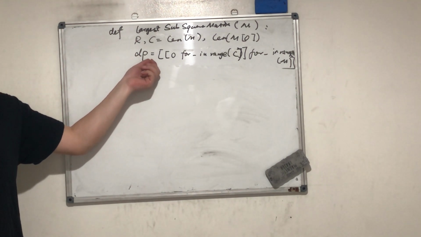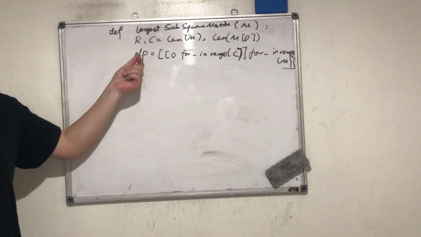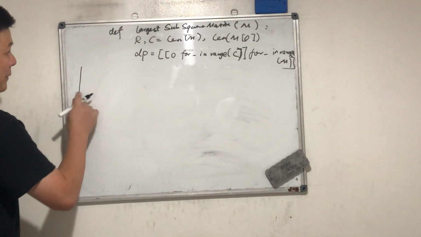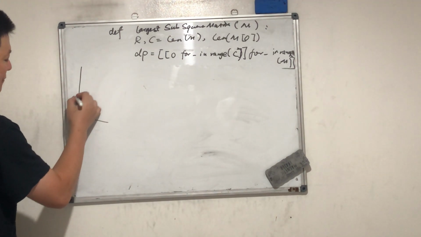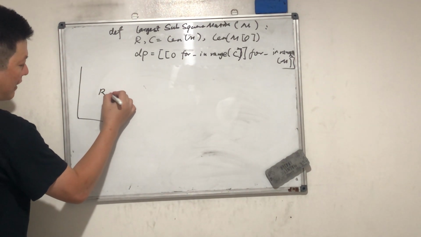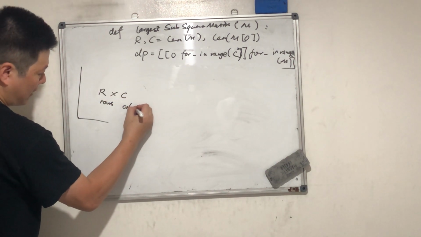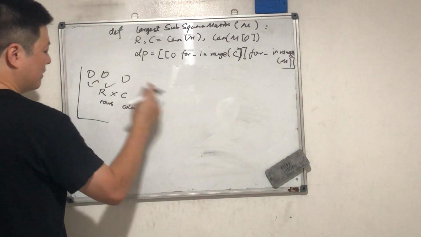This creates a 2-dimensional array which contains all 0, and it will be the same size as M, so R rows and C columns, all 0.